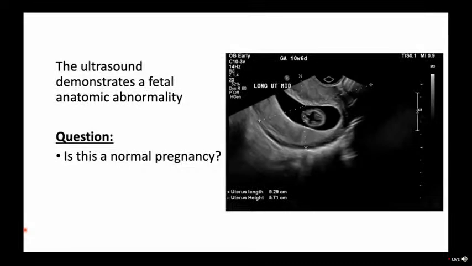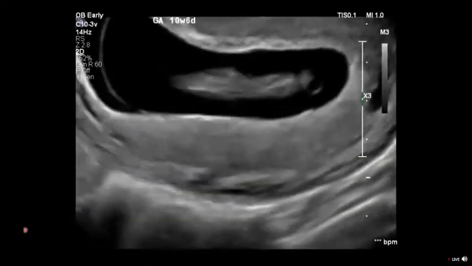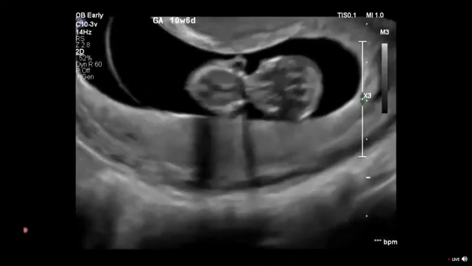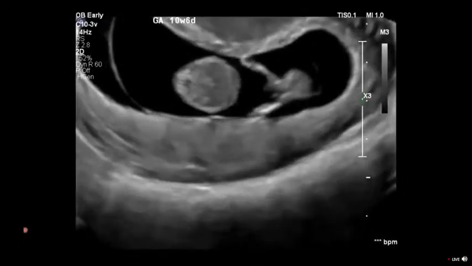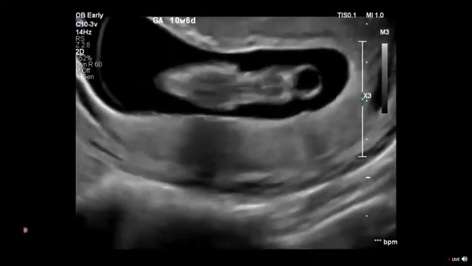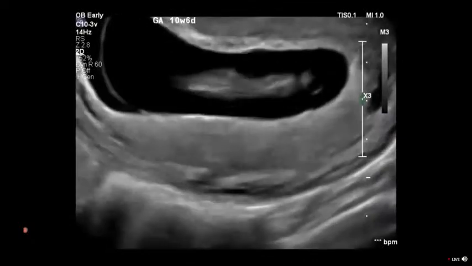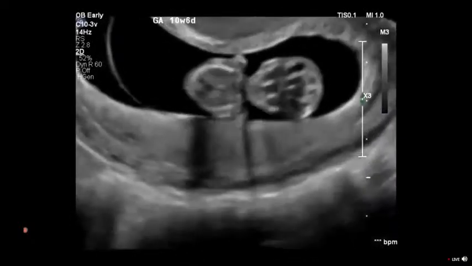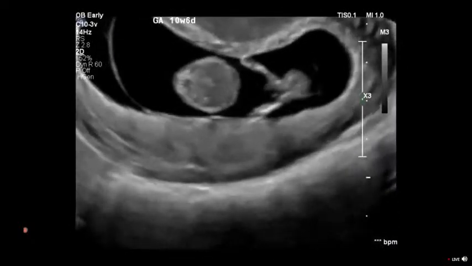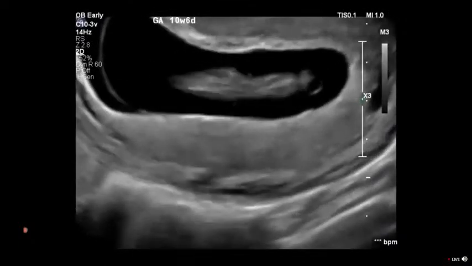Okay, so we often start abdominally. Why don't we look a little more carefully vaginally? What do you guys think about that? I see 2 arms. Body looks okay. Somebody thinks maybe a cystic hygroma.